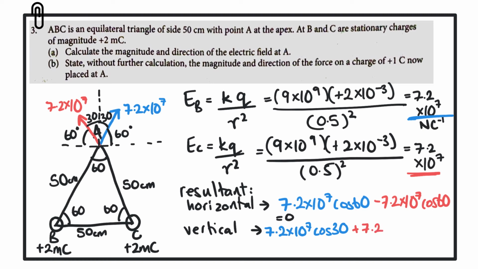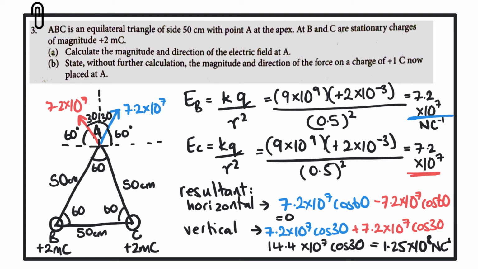So it's plus 7.2 by 10 to the power of 7, and that is also cos 30. So what we're doing then is adding those together. So we have 14.4 by 10 to the power of 7 cos 30, which is equal to 1.25 by 10 to the power of 8, and that is newtons per coulomb.